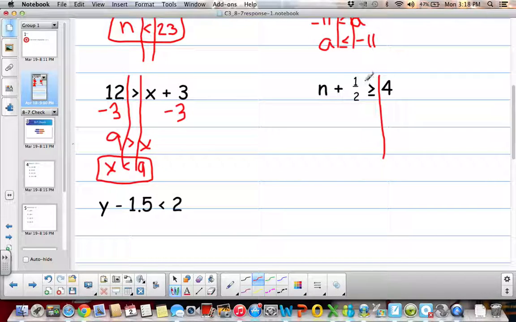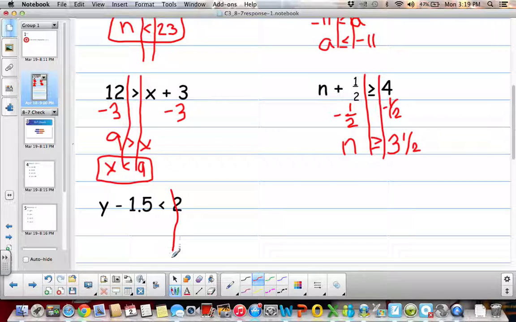So n plus 1/2 is greater than or equal to 4. Adding 1/2, the opposite then would be subtracting 1/2. So we have n is greater than or equal to, subtract 1/2 over here. So 4 minus 1/2 would be 3.5.